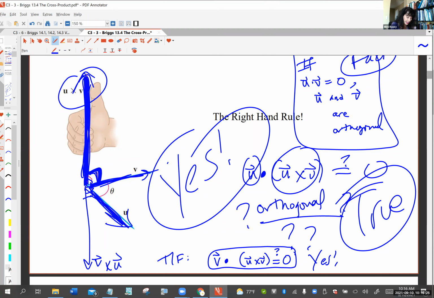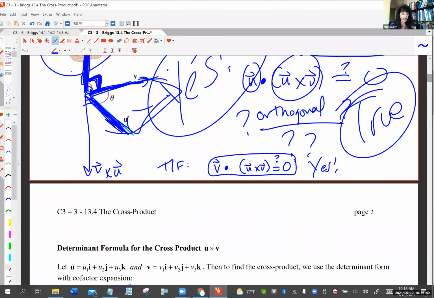And notice it is making a 90-degree angle with the U and the V vector down here, which you can think of as being in some plane. So it's not that U cross V is equaling the 0 vector here at all. It's equaling a non-zero vector, and it's orthogonal to the vectors U and V.